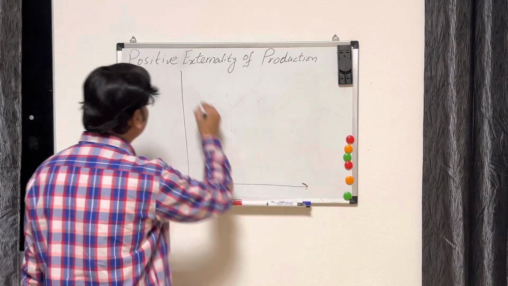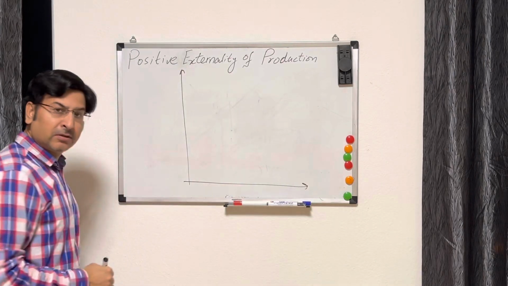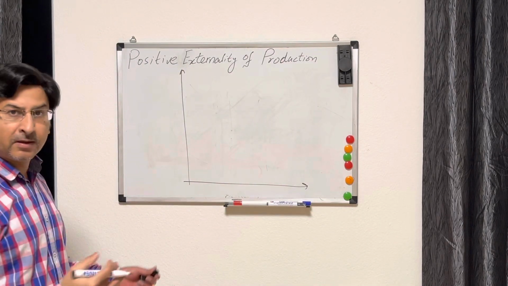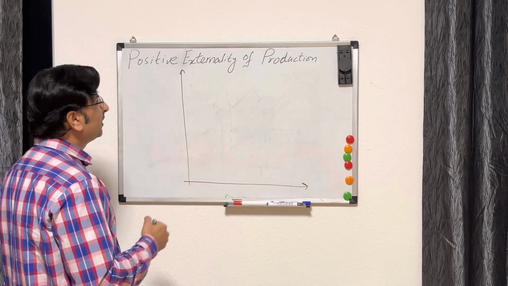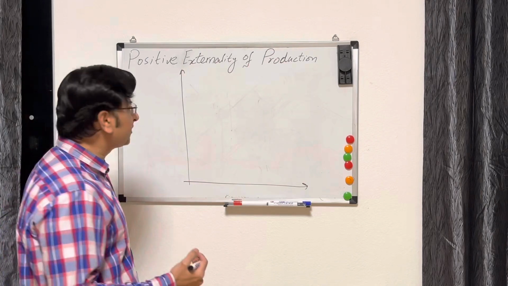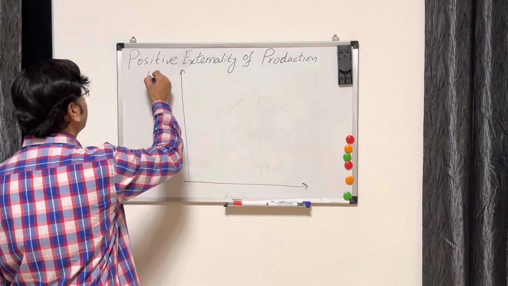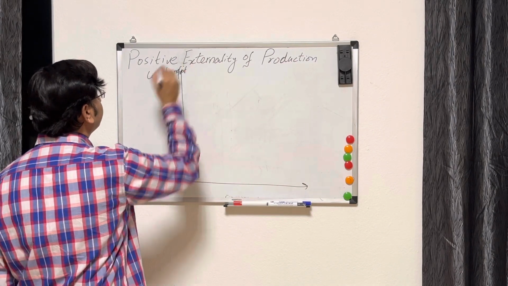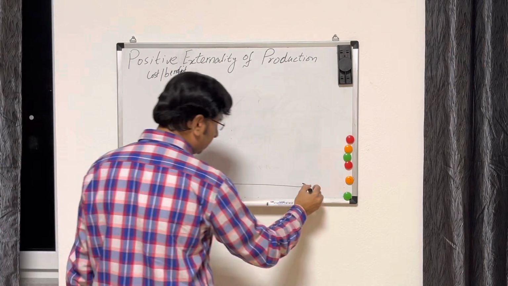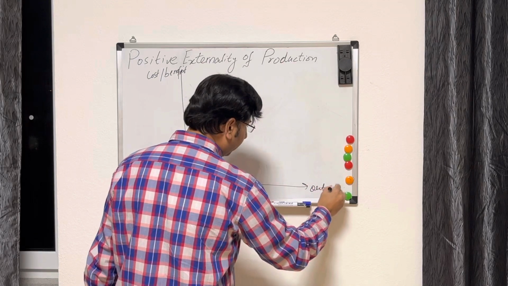The basic frame of the diagram is exactly the same as what we have done in the case of negative externality of production. So as I said, I prefer to take cost and benefit here and output here.